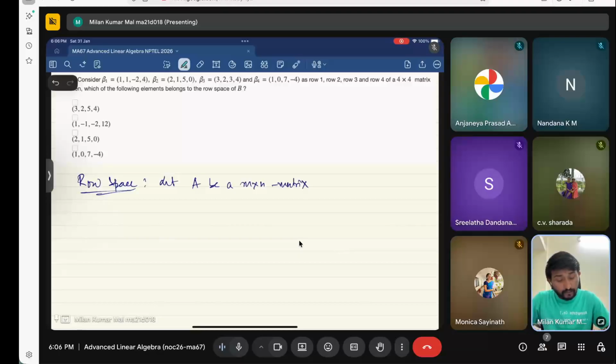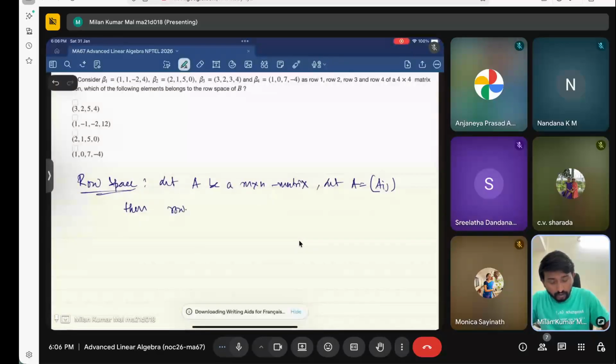Now let A equal capital A_ij. Then row 1 can be written as A11, A12, all the way to A1n.